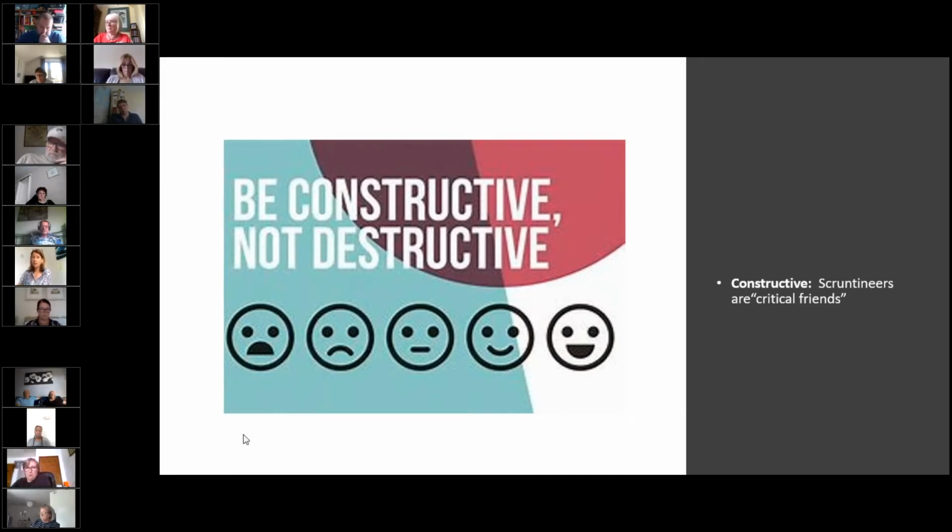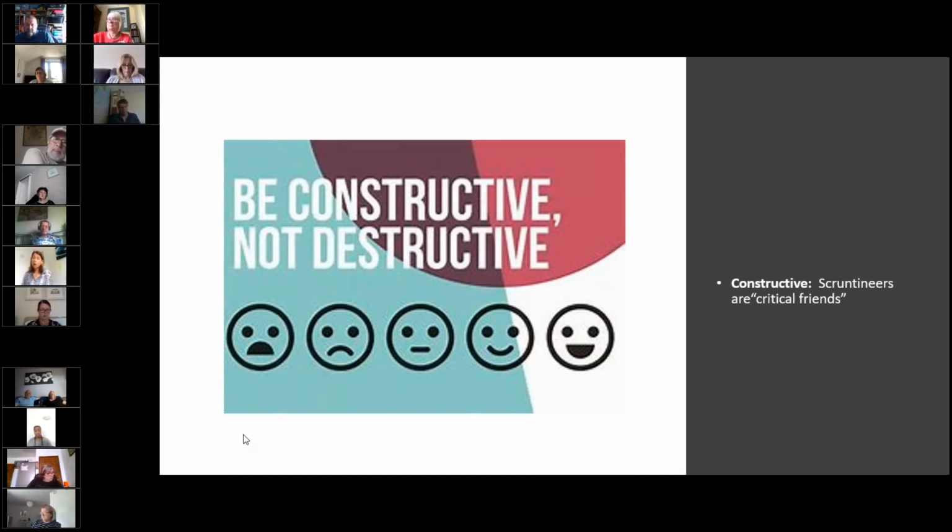It needs the landlord and the tenants to work together effectively. So having that constructive element in place is really important. And that goes down to who you recruit to scrutiny, who you get involved, the right attitudes, the right approaches. It's about people really understanding what scrutiny is about and taking that role up with the right mind, the right attitudes and the right approaches.